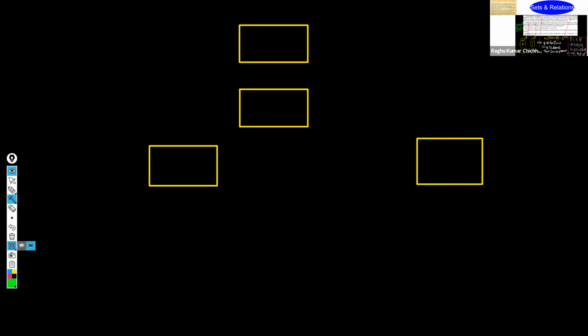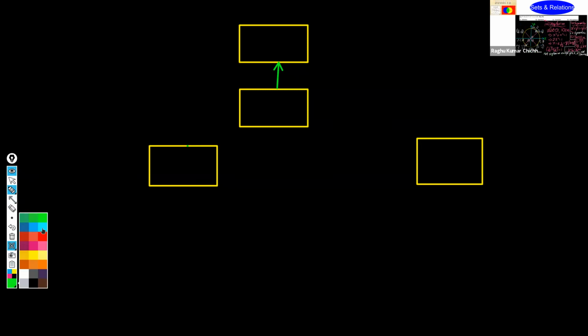You have to understand that the complex numbers, I'll put the reverse arrow for this. This is what I mean to say, this is the complex number set.